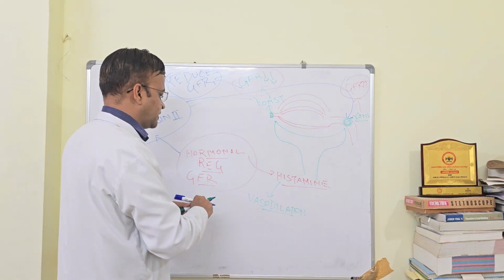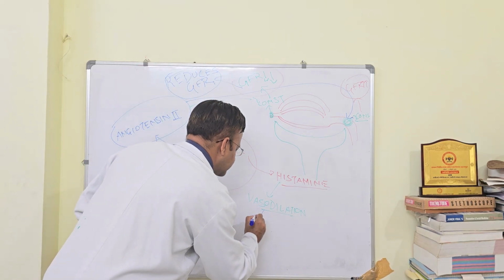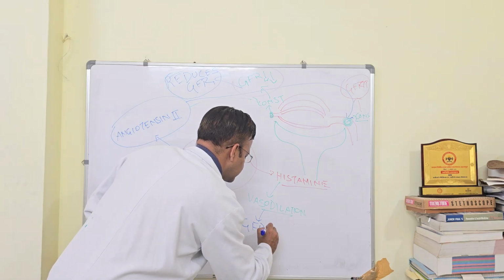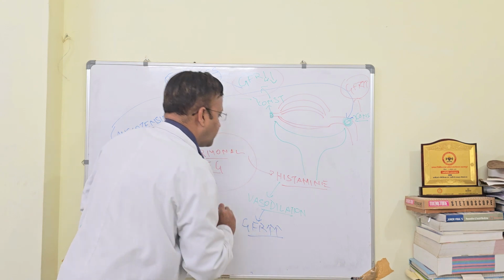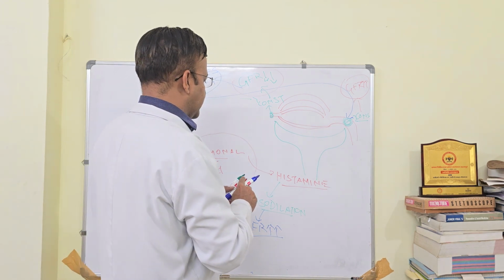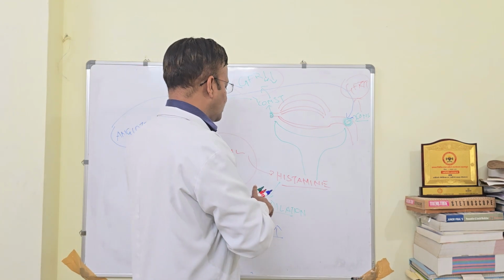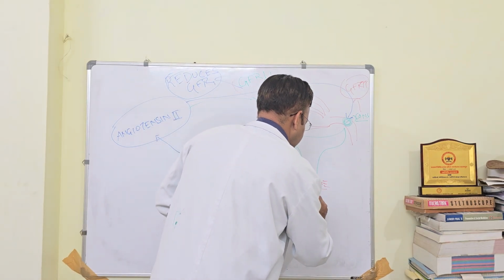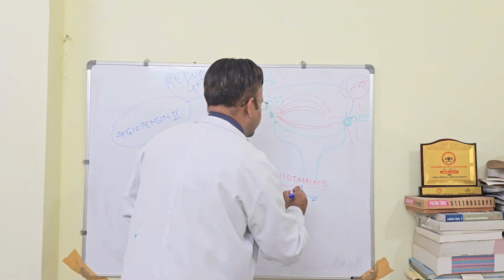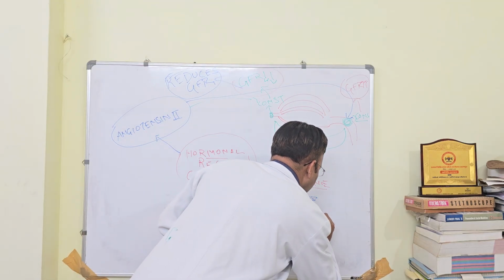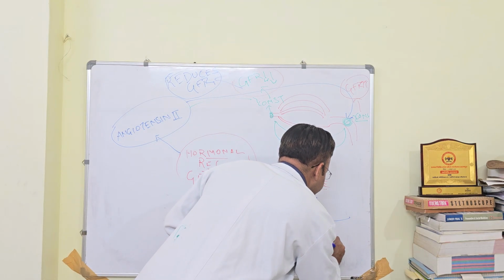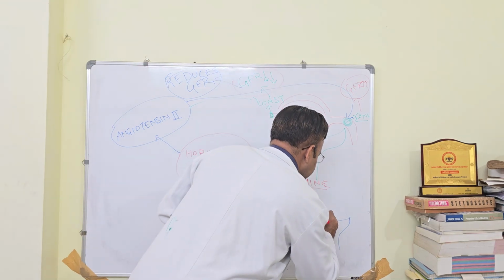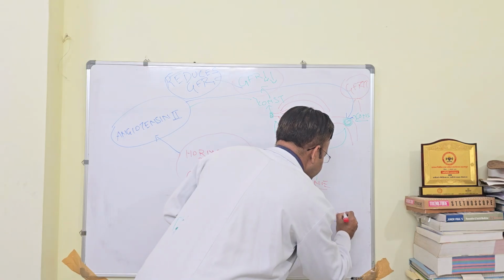So histamine has a vasodilatory effect, which leads to an increase of GFR, but what else it does is that it leads to contraction of mesangial cells, right? If I explain it with the help of a diagram, if I draw Bowman's capsule over here, then you have these glomerular capillaries.